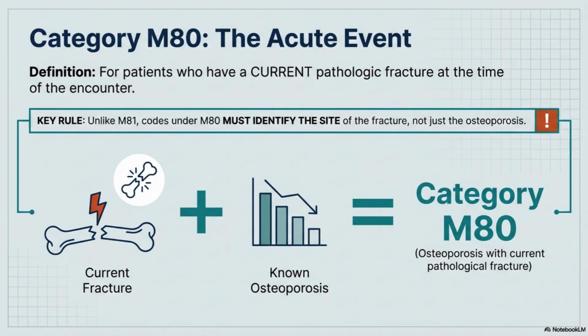Under M80, you must identify the specific fracture site, and then assign the appropriate seventh character to show the phase of care, whether the patient is receiving active treatment, is in routine healing, or is experiencing a complication such as malunion or non-union. Recognizing that the fracture is directly related to osteoporosis, and not a traumatic injury, is essential for selecting the correct code in this category.